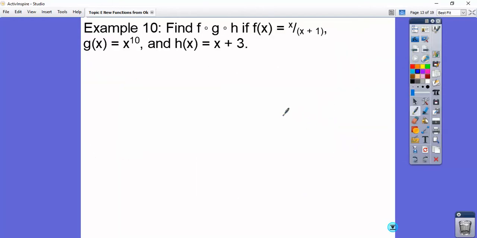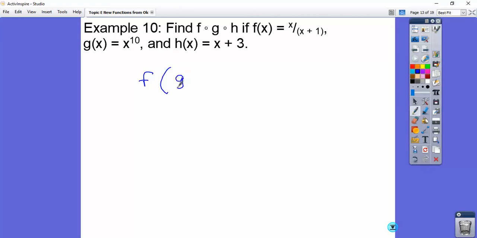You can compose more than 2 functions. We can do as many as we want. I put 3 up here for us to try. So we just start on the outside and work our way in.